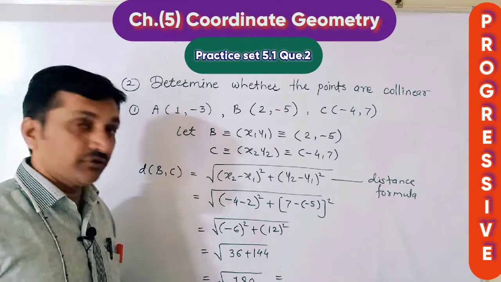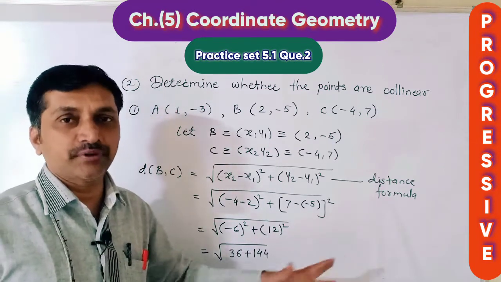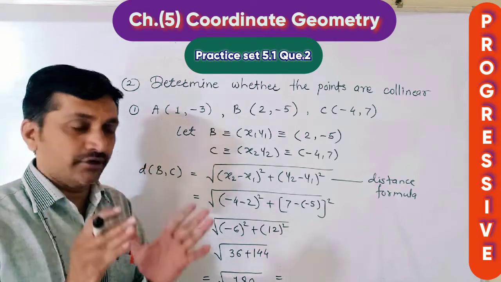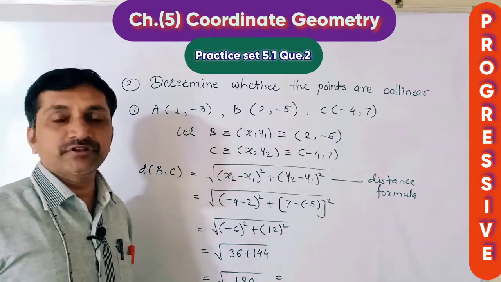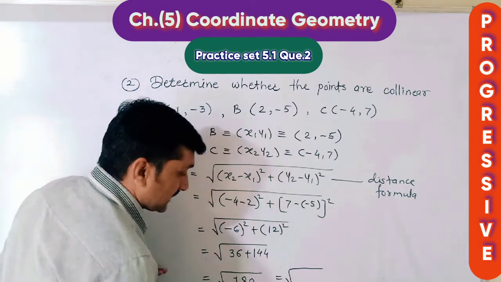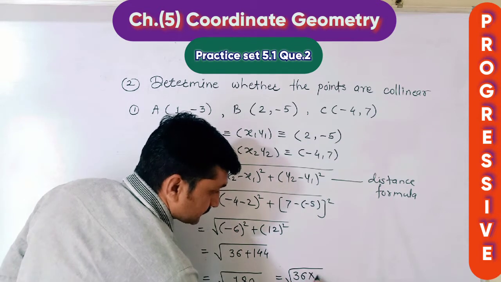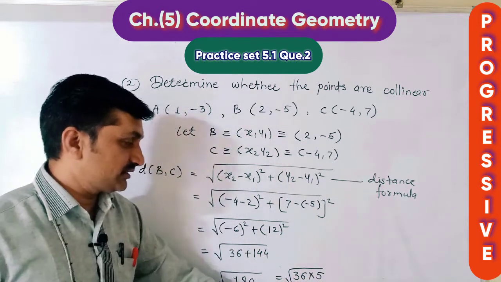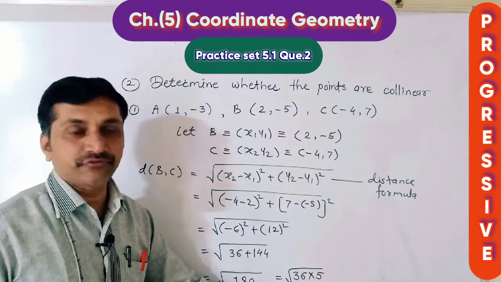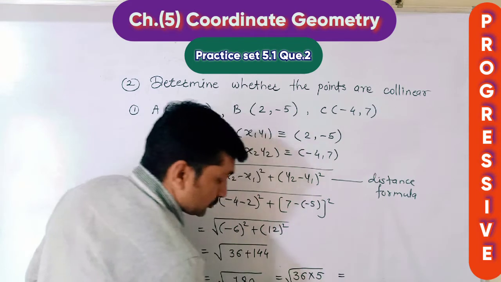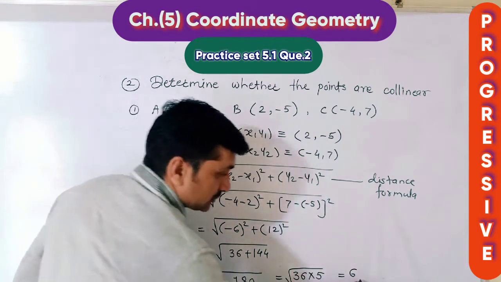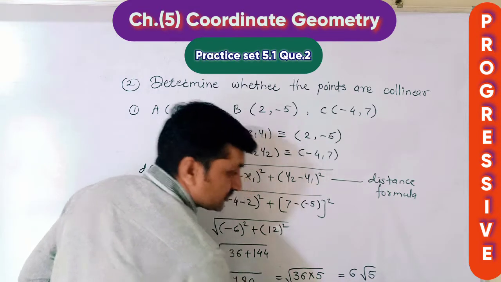We have to split this number. Factorize 180 into a perfect square and a non-perfect square. In the factors or in the product of 180, one number should be a perfect square, the other number non-perfect. Then we can factorize it as 36 fives are 180. 36 is a perfect square, 5 is non-perfect, and the square root of 36 is 6, and this is irrational, keep it as it is in the square root: 6 root 5.